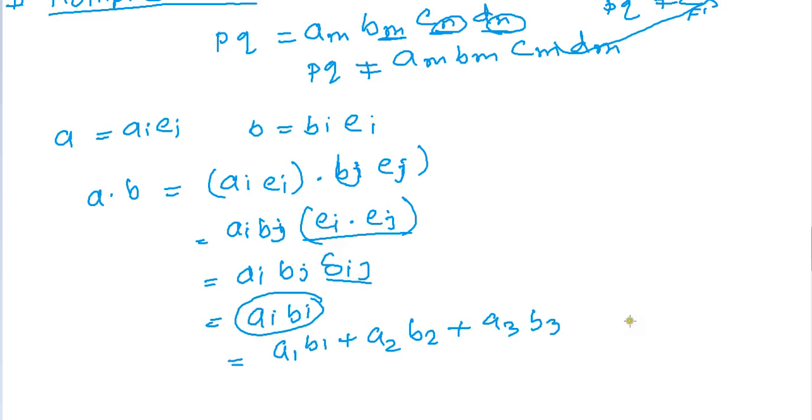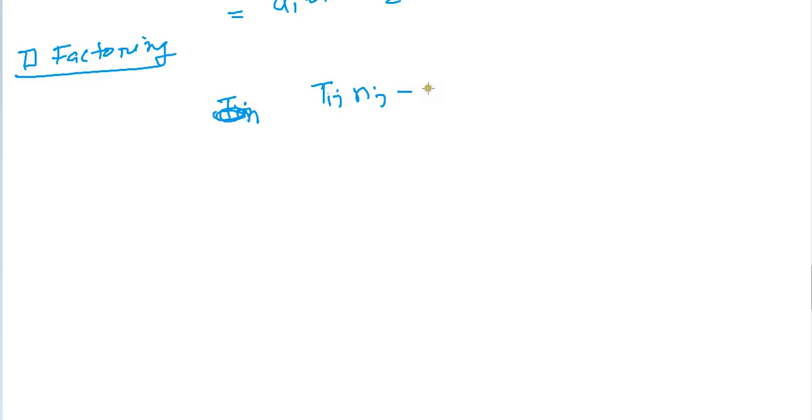So factoring is also easy. What is factoring? If we have an equation T_ij n_j minus lambda n_i equal to 0, then how can we factor it out?